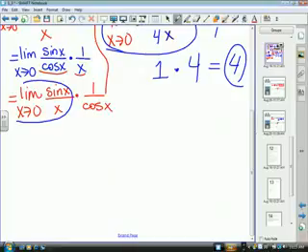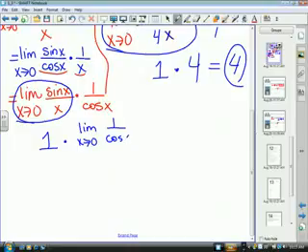So what did y'all say this limit was? 1. Now, how am I going to do this limit? It is, but how do I? You're right, but how do I calculate that limit? Say that again.